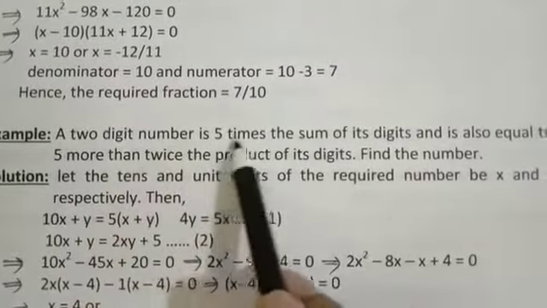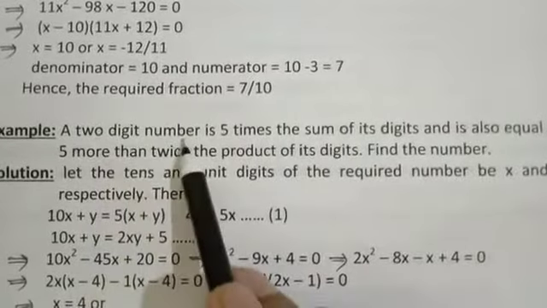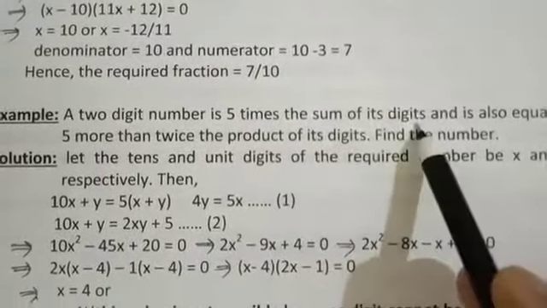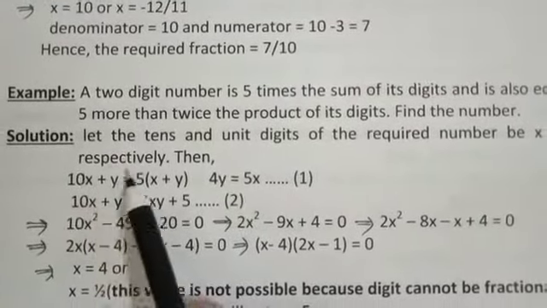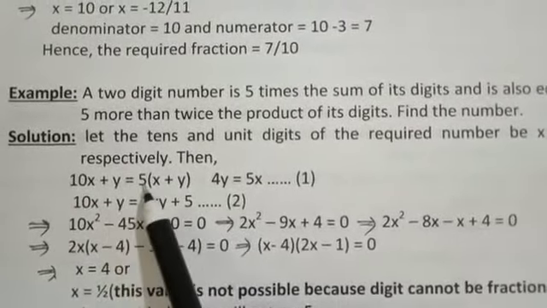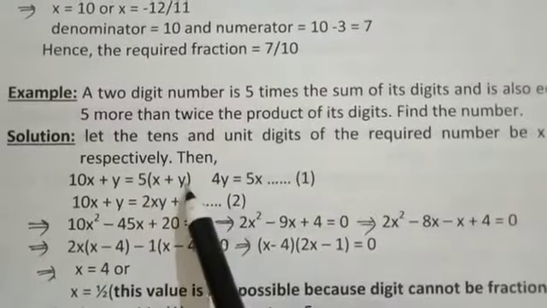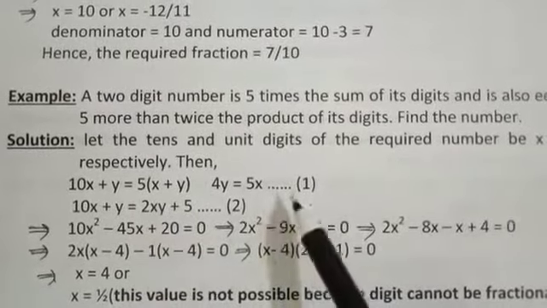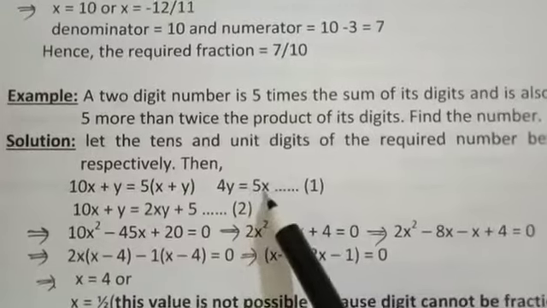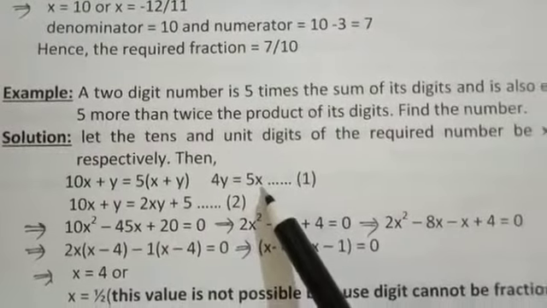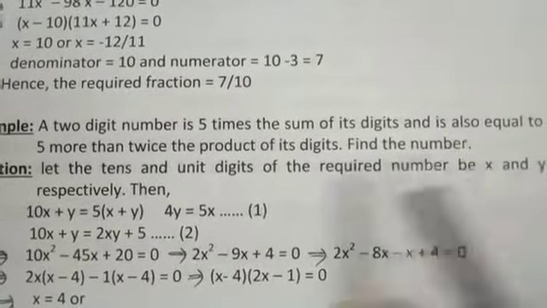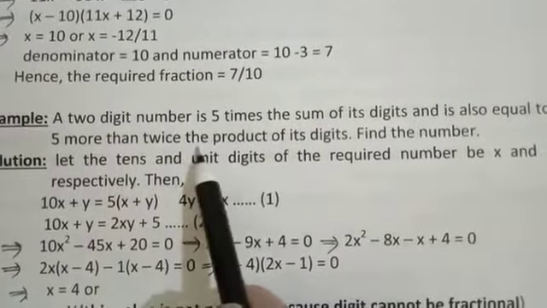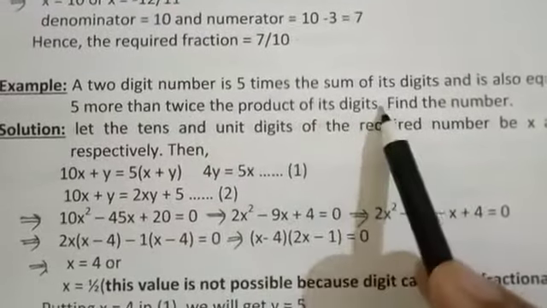As the first sentence says, a two-digit number is 5 times the sum of digits. So look at the first equation: 10x plus y, the two-digit number, is equal to 5 times the sum of digits, which on solving will give us the first equation, 4y is equal to 5x. Now, the second equation can be obtained from the sentence, and is also equal to 5 more than twice the product of its digits.